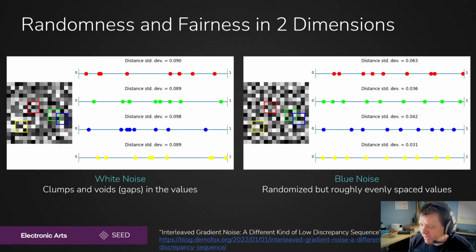And so that's a really nice property. It is also true of white noise, but only for large numbers of pixels, right? In the average of the screen, you're going to have the right histogram. But for very small regions of pixels, like these 3x3 blocks, you are not, where blue noise does give that to you.